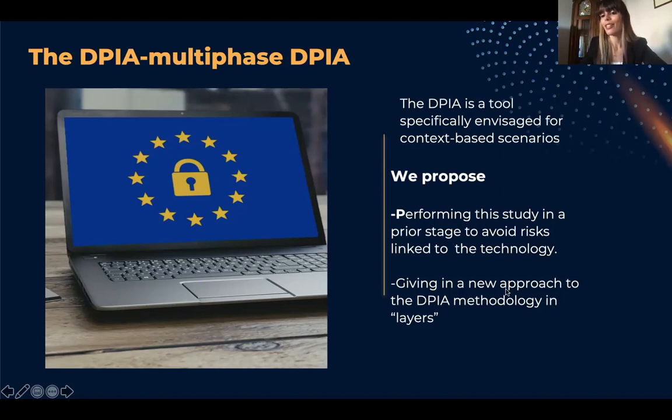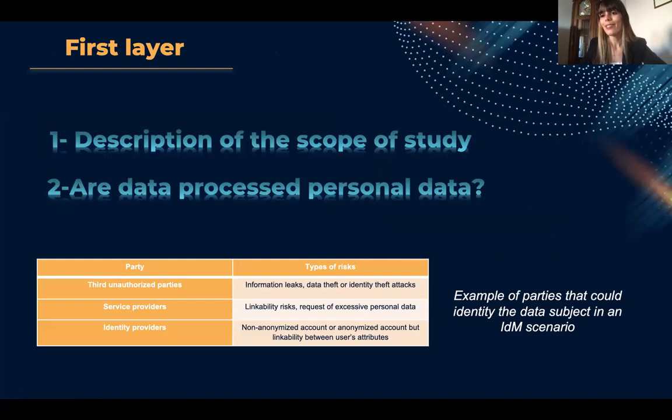So in the end, we are going to give a new approach to the data protection impact assessment methodology in 2 layers. The first layer would refer to the evaluation of the technology itself, and the second layer would refer to context-based scenarios. So I'm going to explain to you in short the steps that we should follow in this methodology.